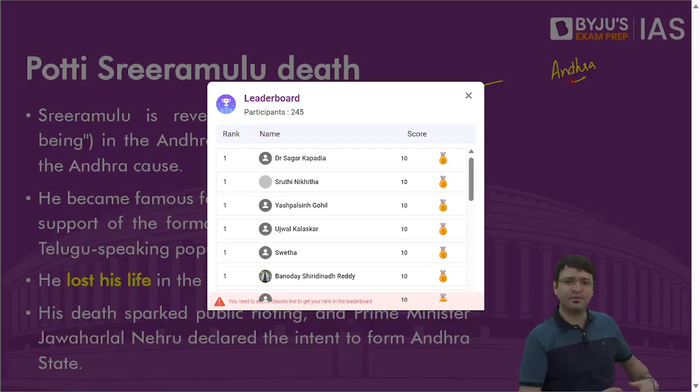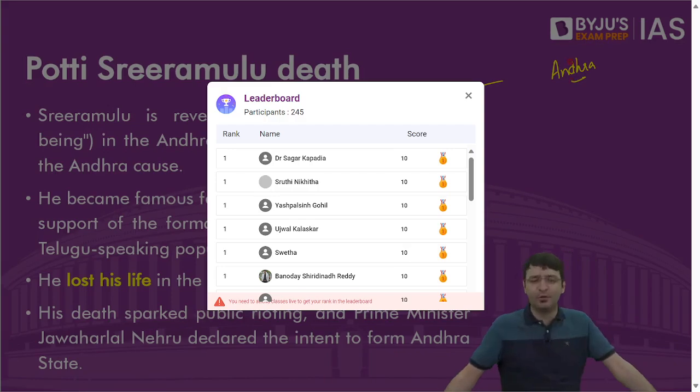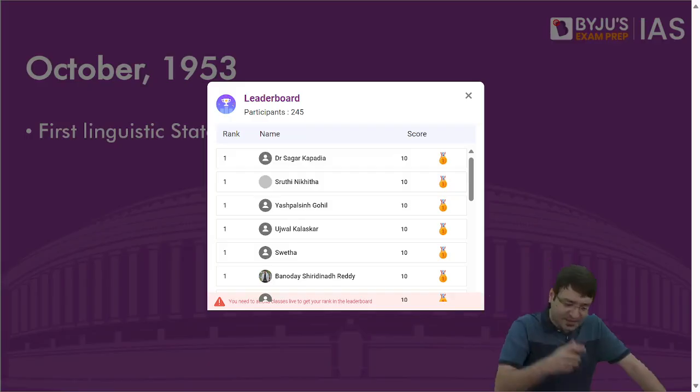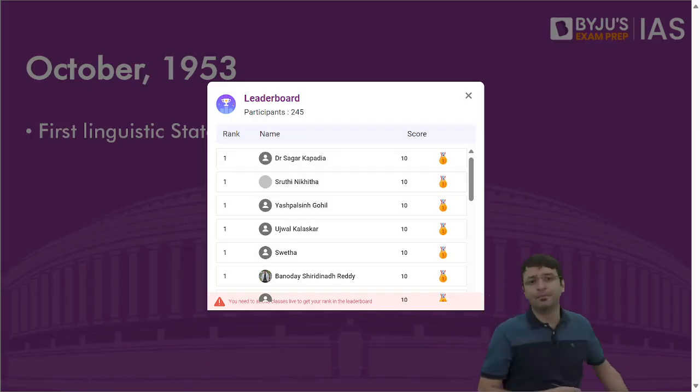When he lost his life, there was a series of protests in Telugu-speaking areas. Ultimately, the government succumbed to the pressure. And in October 1953, the first linguistic state was created in independent India. The first state in independent India was created in the name of language, and that state was Andhra.